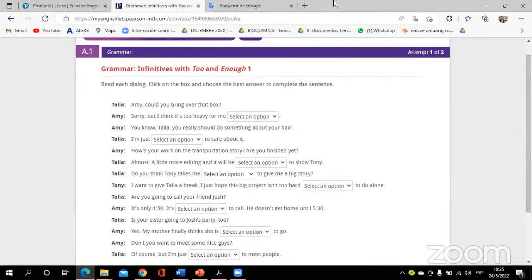I will share my screen first, and we will see about this. The second grammar is "too" and "enough." Give me a second. Okay, "too" and "enough." This is a short grammar.